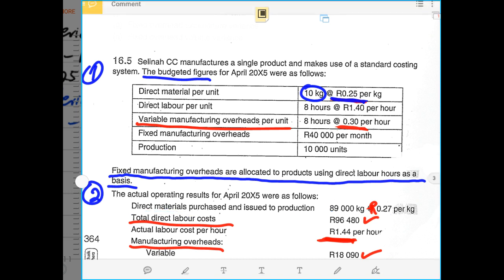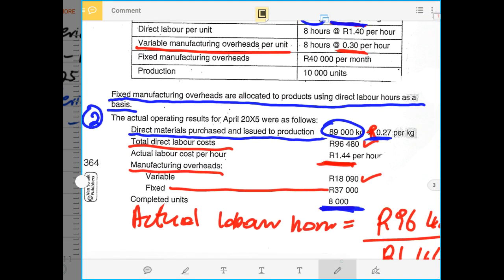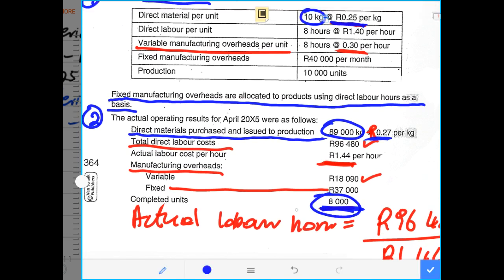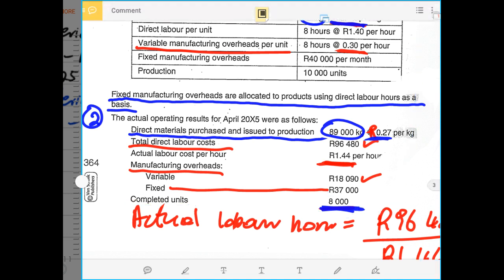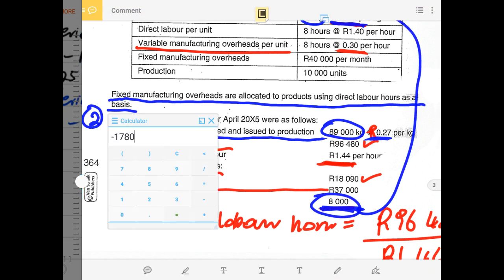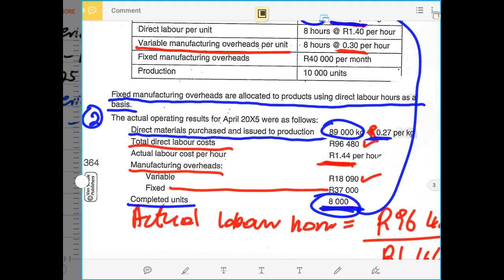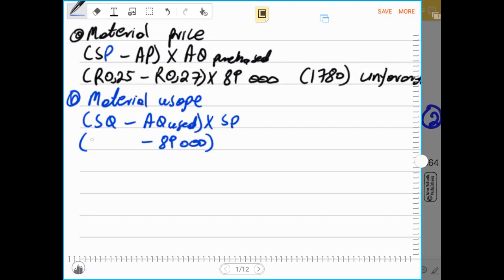Our actual production is 8,000 units completed. Times the standard kgs per unit, 8,000 times 10, gives us 80,000 kgs, which is the standard kgs of material.